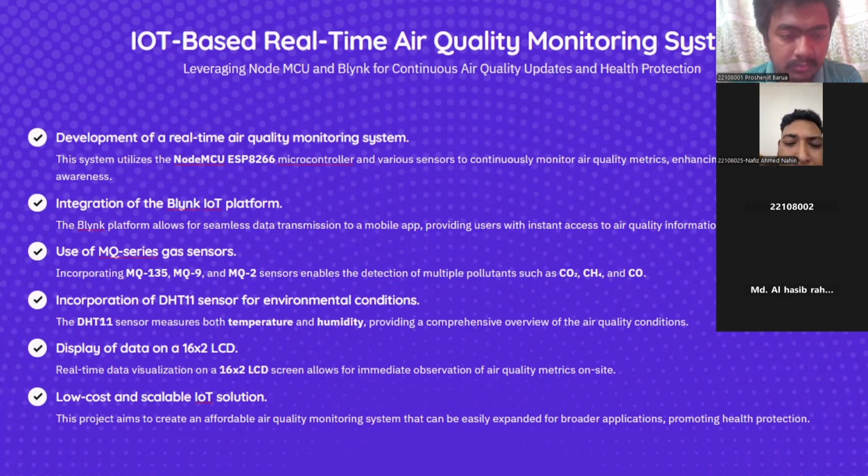We also incorporate a DHT11 sensor for environmental conditions. The DHT11 sensor measures both temperature and humidity. Here we display the data on a 16x2 display. Here we see a low cost and scalable IoT solution.